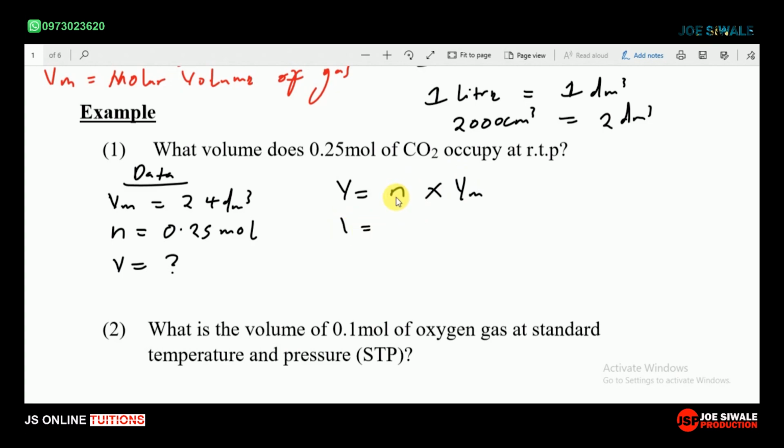So volume is equal to the number of moles, 0.25, multiplied by the molar volume at room temperature and pressure, 24. So our volume is going to be equal to 0.25 multiplied by 24, and we are going to have 6 cubic decimeters. So that's going to be our answer.